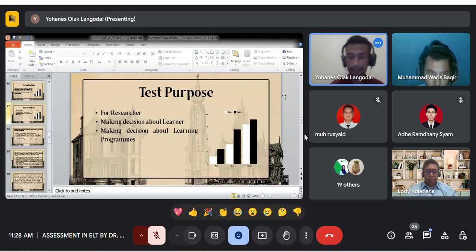The design has three purposes: the first for researchers, the second making decisions about learners, and the third making decisions about learning programs.